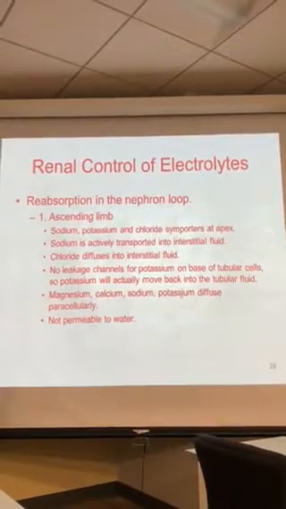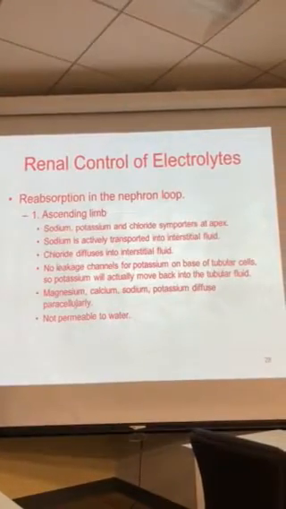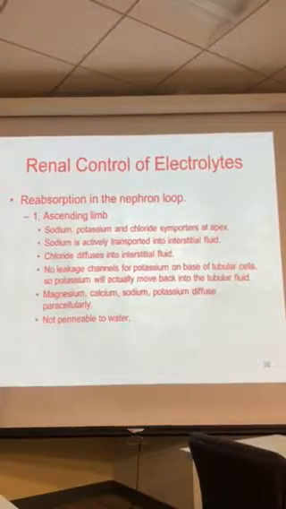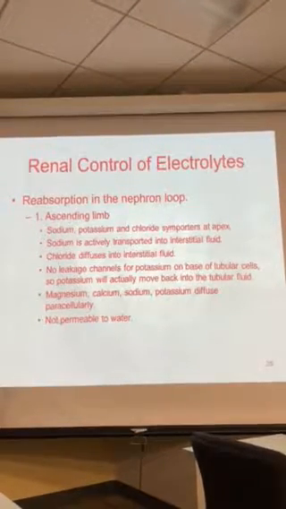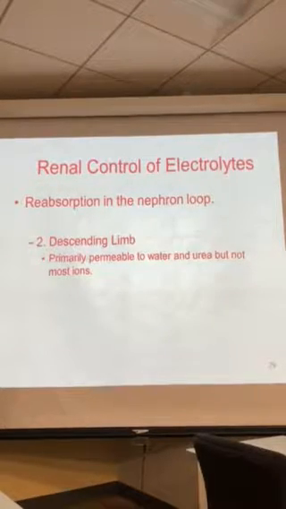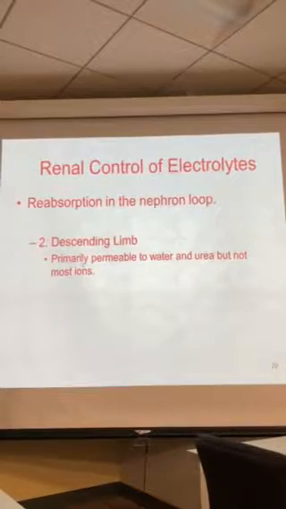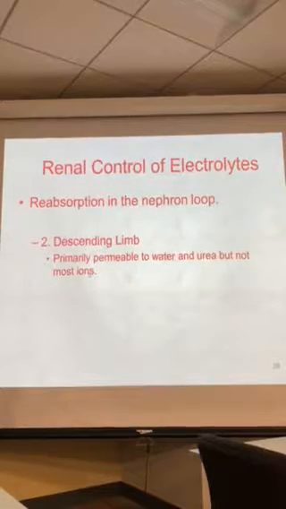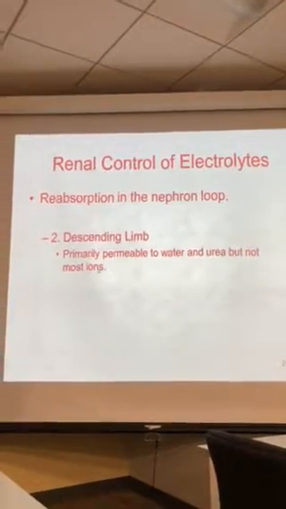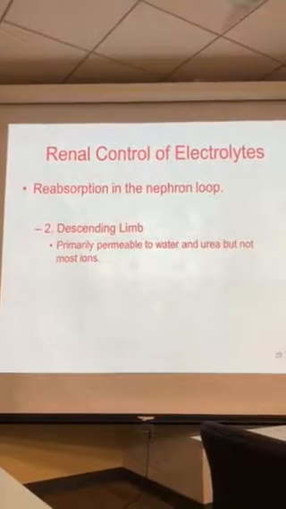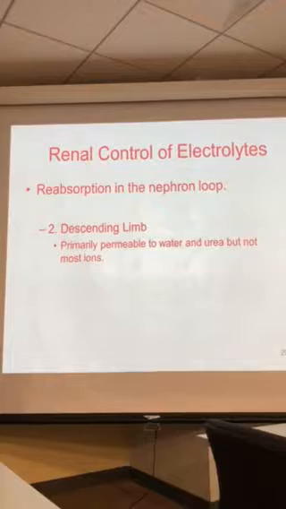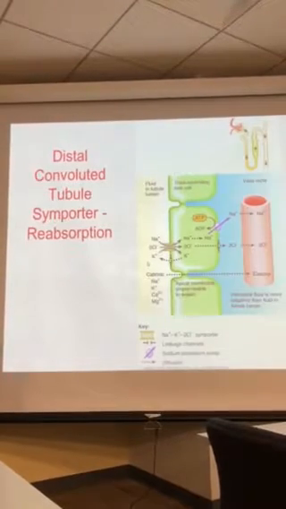Magnesium, calcium, sodium, potassium diffuse paracellularly. We just looked at that in that previous slide. That's between those cells, and it's not permeable to water, the ascending limb. The descending limb is primarily permeable to water and urea, but not most ions. So here you have one side that you can get most of those ions back. The other side, you can get water back and urea.